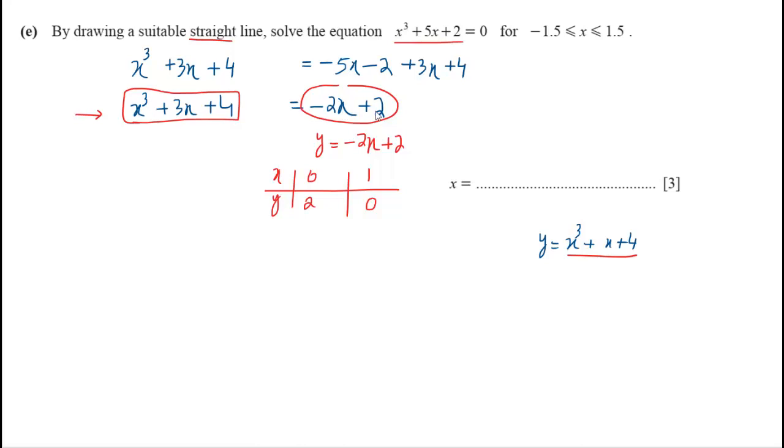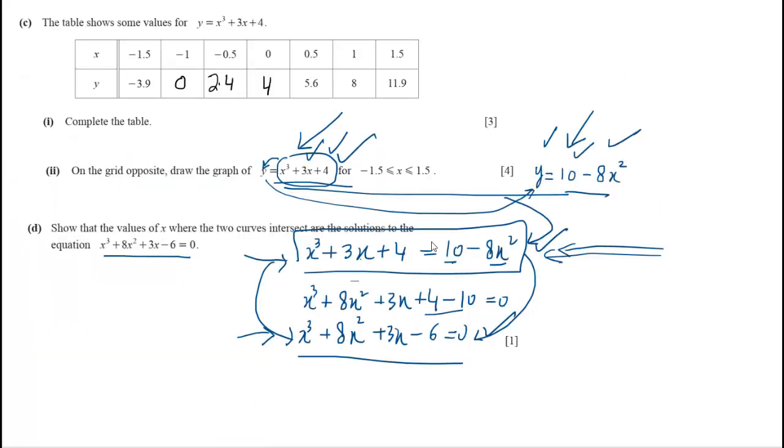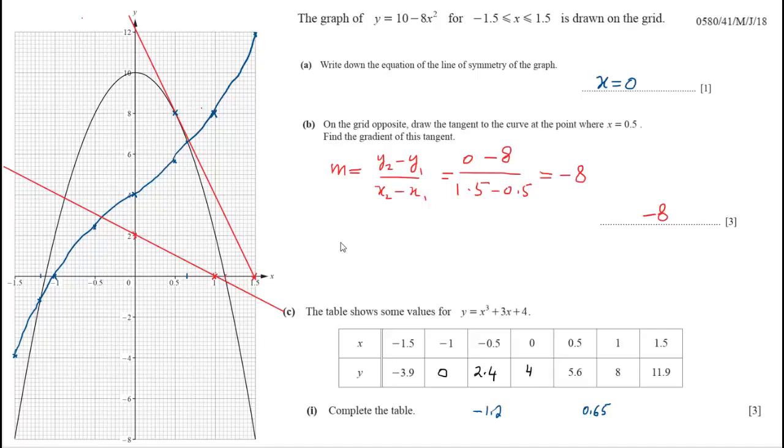And what is that point of intersection? No, sorry, I'm wrong. We have to find the point of intersection of this blue one and red one. Sorry. So here they intersect only at one point. This is the point of intersection. So the answer is this one.